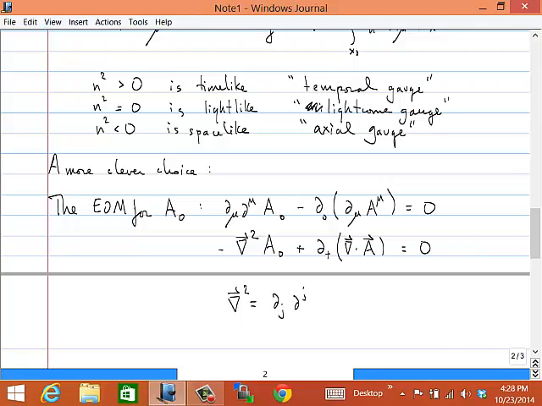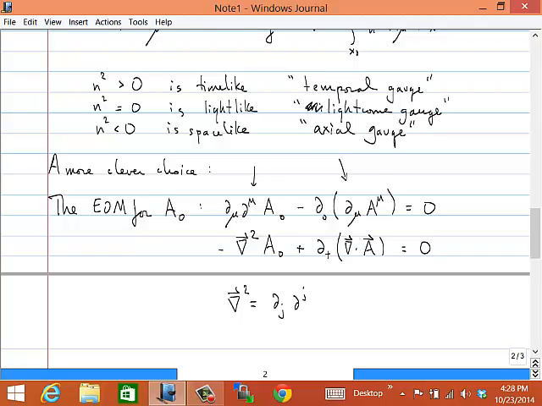Okay. So the time derivative here, the a0 double dot term has canceled the a0 double dot term coming from here, and you're just left with an equation which says that the spatial Laplacian of a0 is the time derivative of del dot a. Okay.